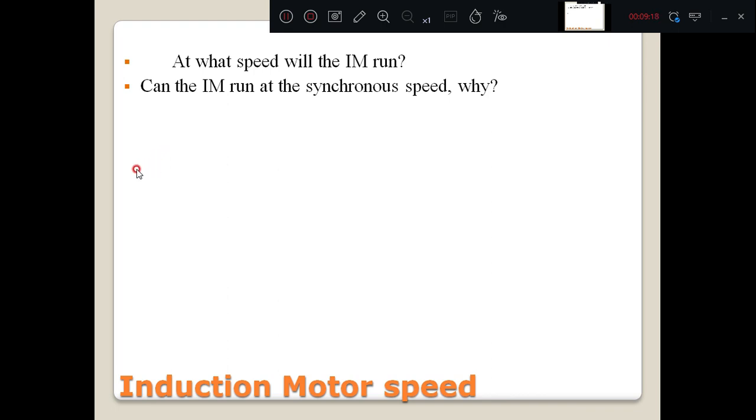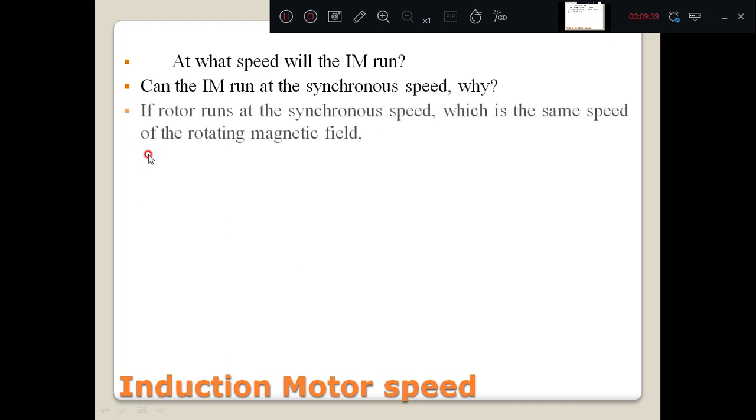If it runs at the synchronous speed, there is no relative motion between the rotor and the rotating magnetic field. Thereby there is no induced voltage. If there is no induced voltage, there is no current. Therefore, no torque will be produced in the three-phase induction motor. Therefore, the induction motor will run at less than the synchronous speed.